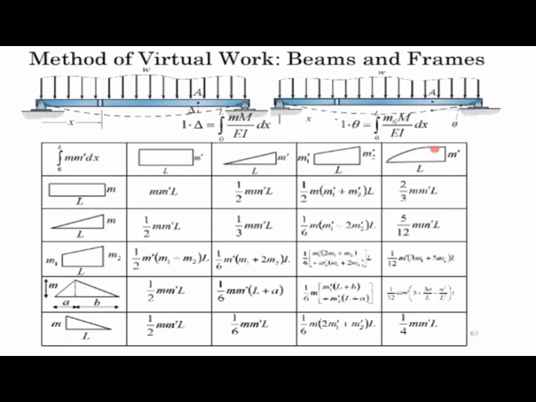Same thing, the capital M can also have different forms. Here this is a quadratic form. What this table gives you is the formula for the integration of m capital M dx. I have one function of m, one function of M, and the integration over this entire length is given by this formula. These integration formulas are very useful for calculating the deflection of beams using the virtual work method.